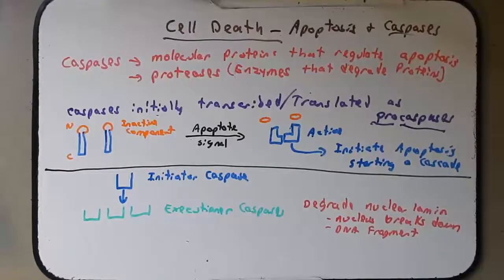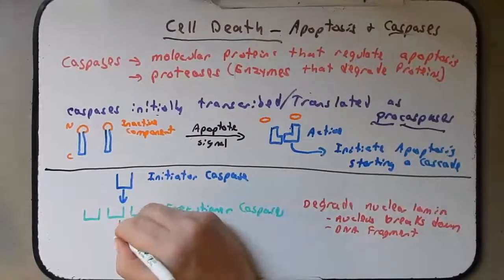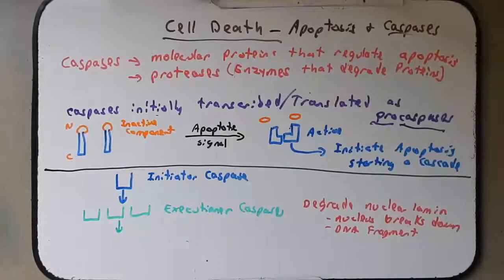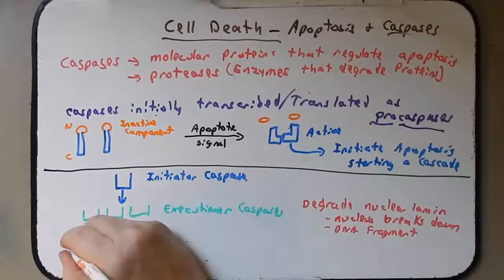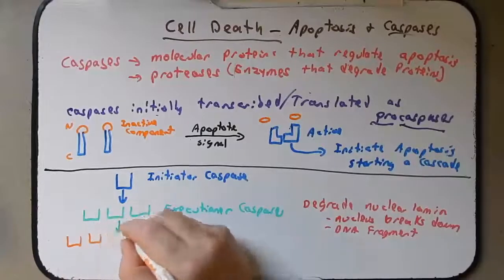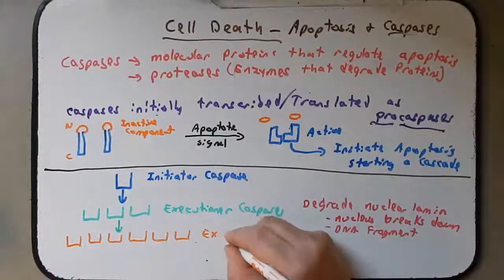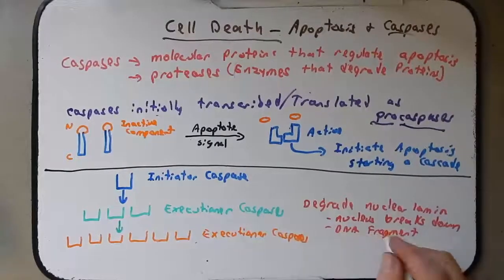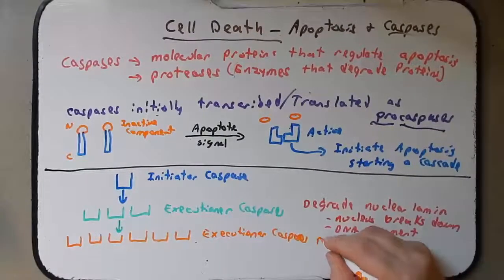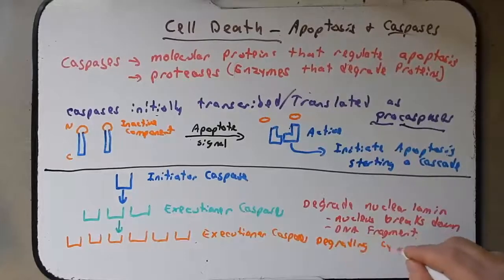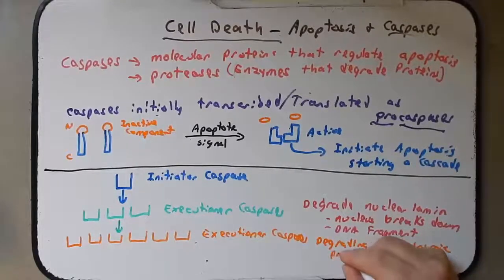These executioner caspases will now activate the next line of executioner caspases. These might play a role in degrading cytoplasmic proteins.